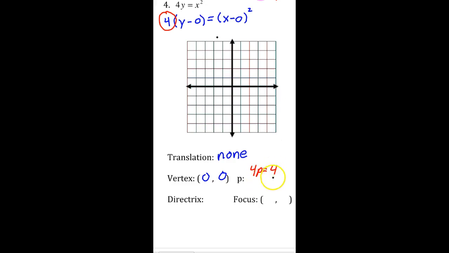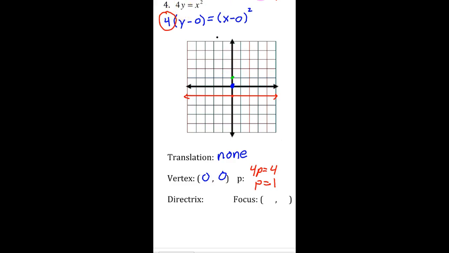So finally we get a non-fraction p-value equal to 1. So we're going to start at 0, 0, and since it's opening up, my directrix will be below, down 1, and the focus will be up 1.